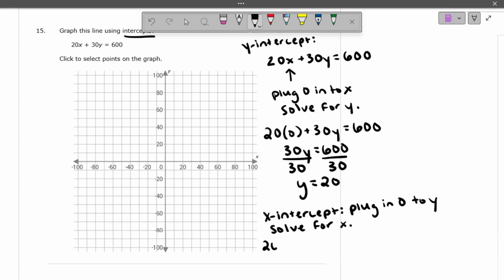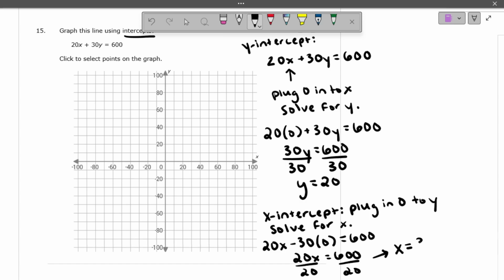So this time we have 20x minus 30 times 0 is equal to 600. So 20x equals 600. Divide both sides by 20, and then we are going to get x is equal to 30.